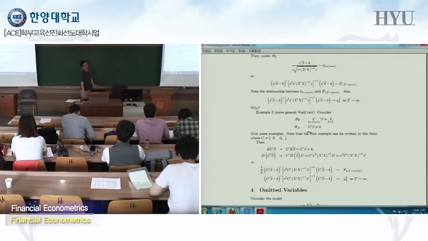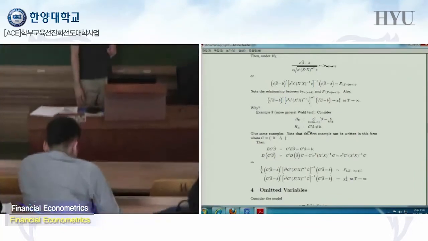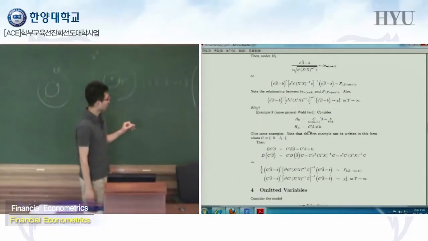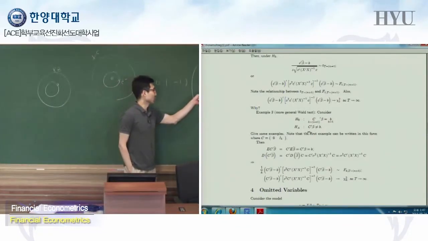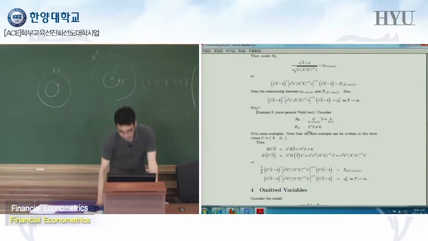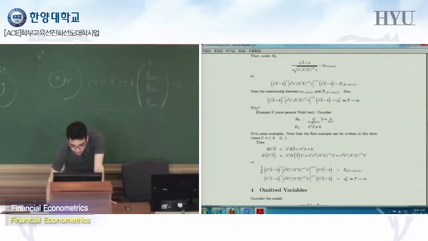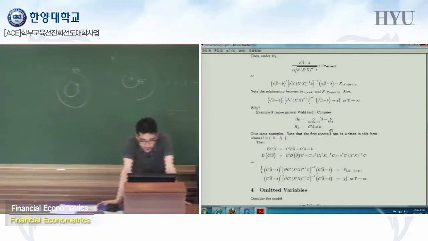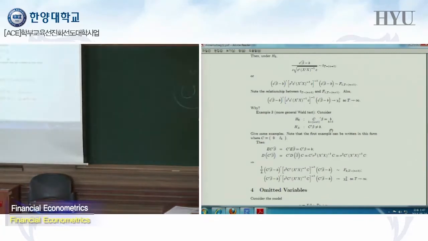In the previous case we had only one restriction, such as in our homework, where this coefficient and this one are the same. But sometimes we want to impose more than one restriction, so in this case we have k restrictions. Consider C prime beta equals B. The alternative hypothesis is of course that C prime beta is not the same as B.